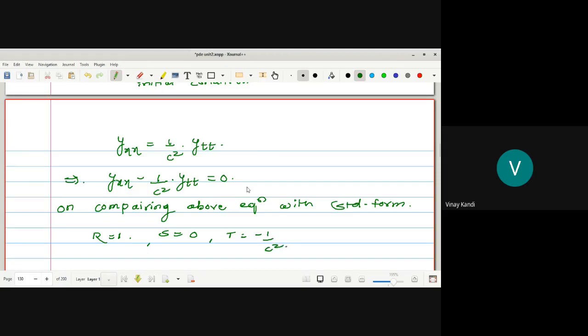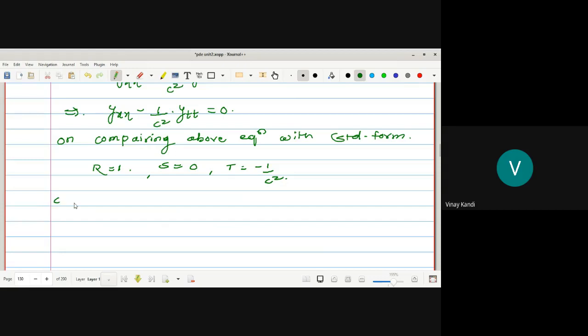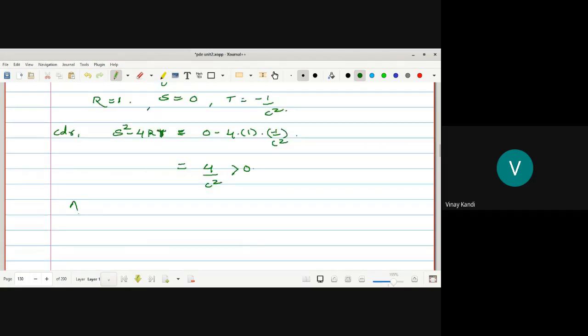Okay, now consider the discriminant s square minus 4rt. Tell me what is the value of this one. s square is 0, minus 4 into 1 into minus 1 upon c square. So this gives 4 upon c square, which is greater than 0.